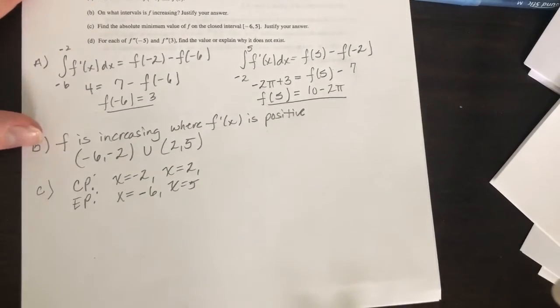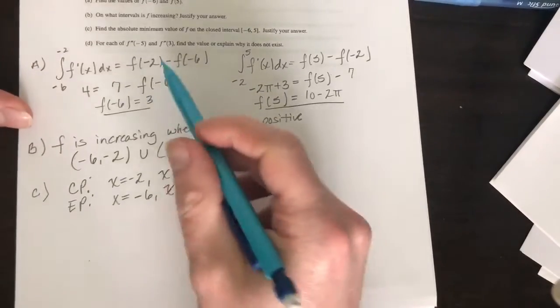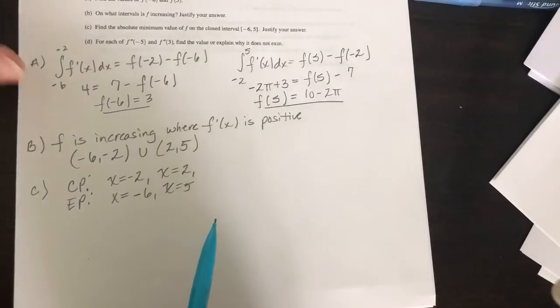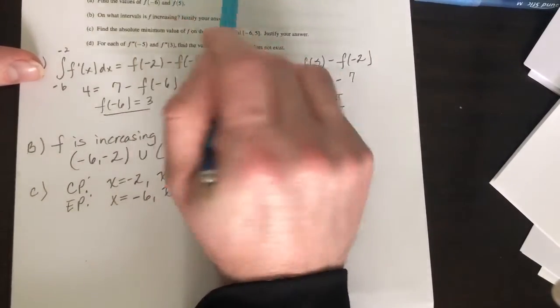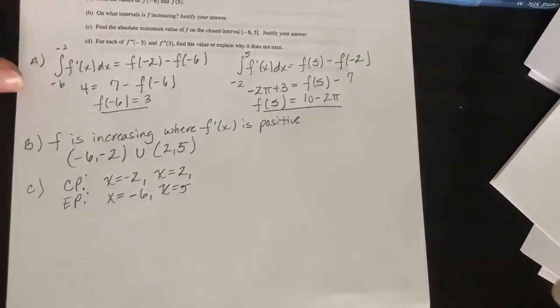Okay, so I know, and this is kind of weird because of how they grade on some of them, but to get a y value, you're going to have to integrate and do just like we did up here. So we're looking for min. Okay, so I'm going to say it's probably not going to be this one because that's a max. It'll probably be either this one or one of the endpoints.